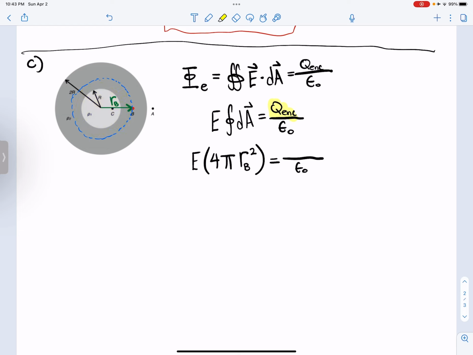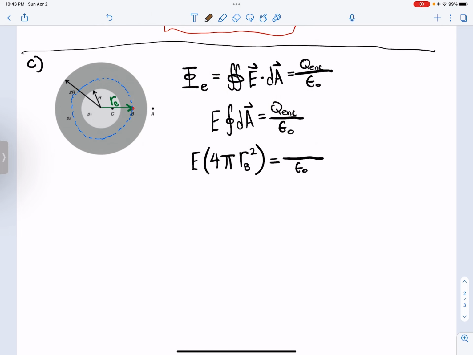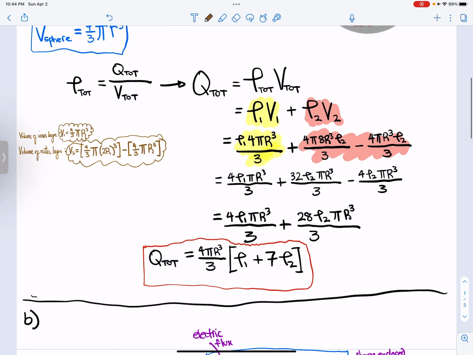Well, let's solve for that. I'll use brown, which is our usual side quest color. So side quest, let's look for Q enclosed, right? So as we said earlier, charge density is equal to charge divided by volume. Okay, so the charge is equal to charge density times the volume.